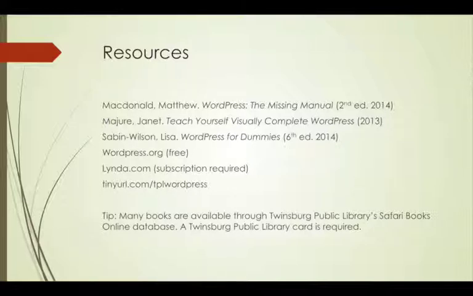And these are some great books that go into WordPress. They're all fairly brand new. And again, through Twinsburg, they're freely available. If you don't live in Ohio, then you can check with your local public library and see if you can get access to these books that way. Many libraries, even if they don't have Safari, they have other ways to get you this information.